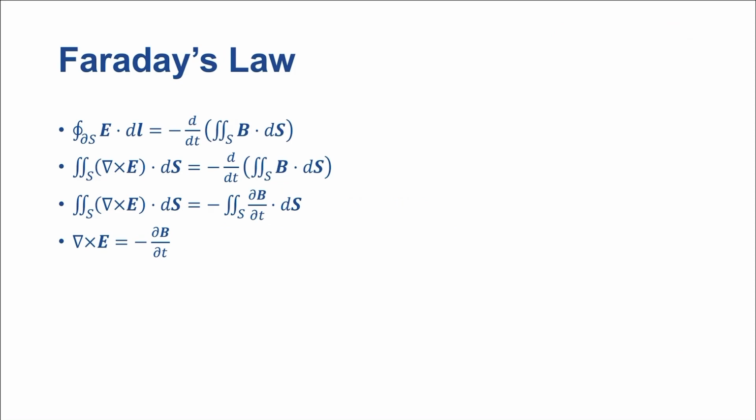So Faraday's law essentially says that if I want to take the line integral of E dot dl around a bounded surface, then that is going to be equal to the negative time derivative of the surface integral of the magnetic field dotted with that surface.